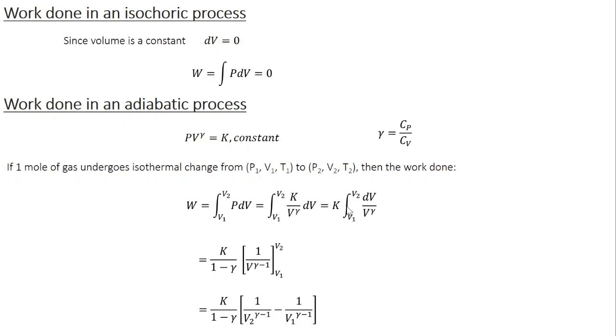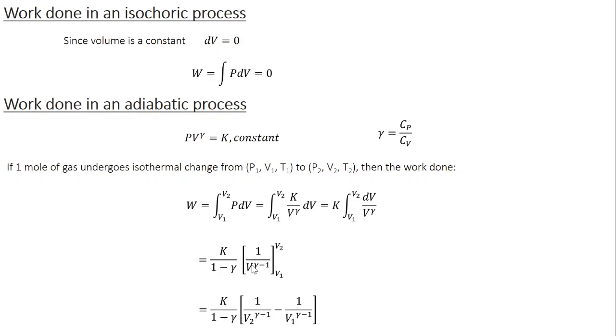K is a constant, take it outside the integral. And what is the integral of dV divided by V to the power gamma? 1 by V to the power gamma, you can write as V to the power minus gamma. So its integral is going to be V to the power 1 minus gamma divided by 1 minus gamma.